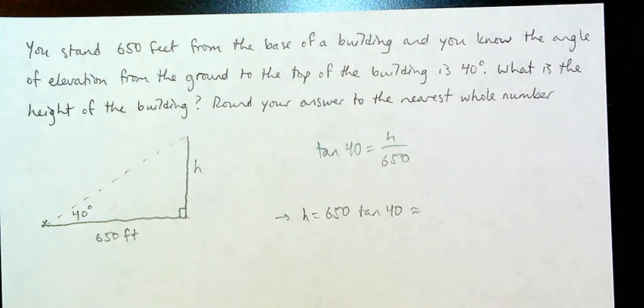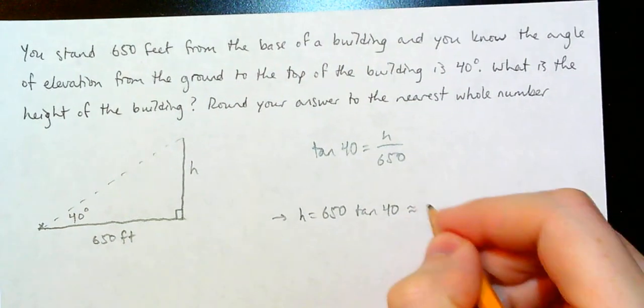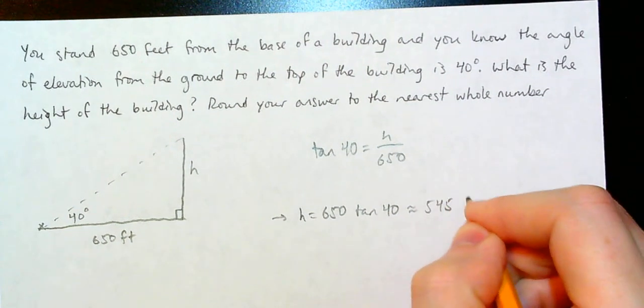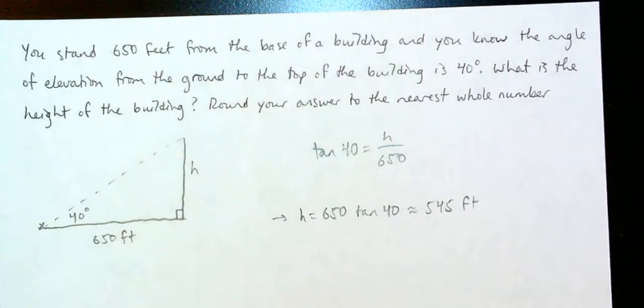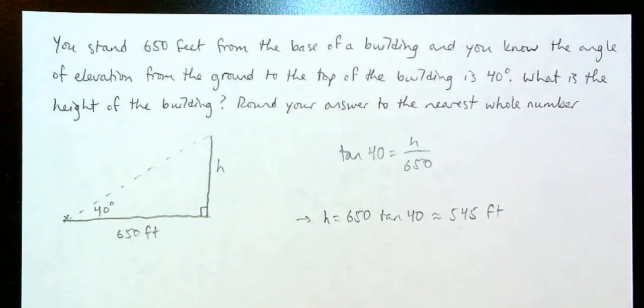But if you multiply that number by 650, we're rounding to the nearest whole number. If you take tangent of 40 and multiply it by 650, you get 545.4147, but rounded to the nearest whole number, that's approximately 545 feet. So there we go. That's all we have to do to solve this one problem.